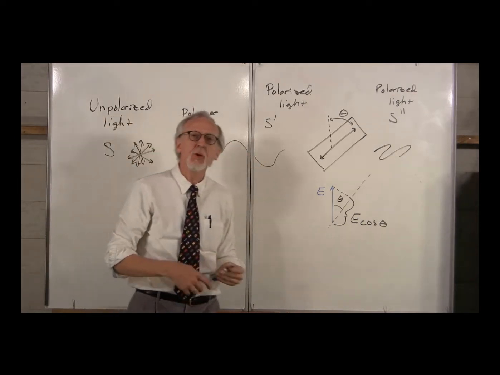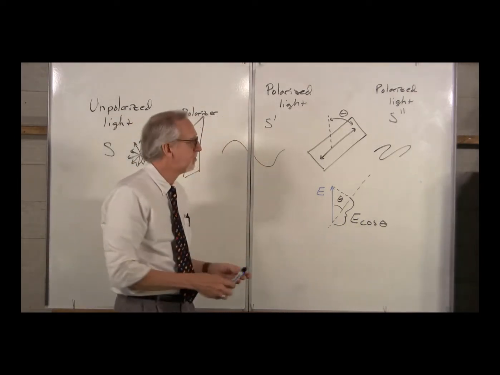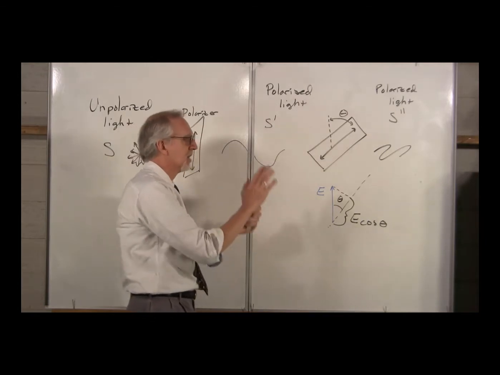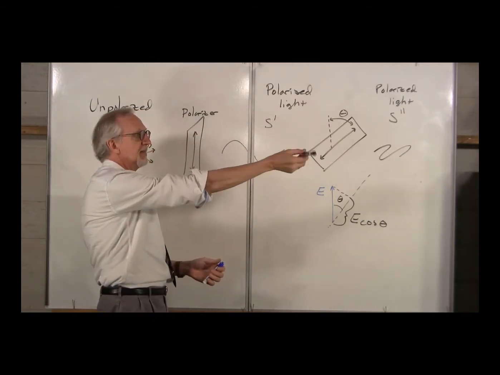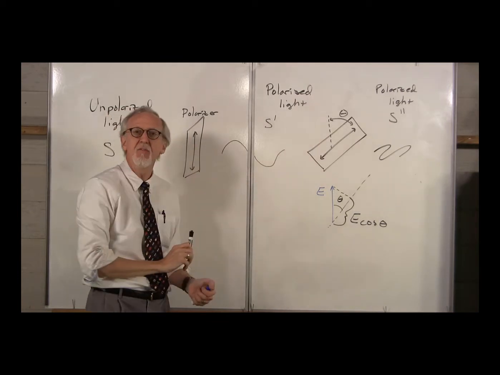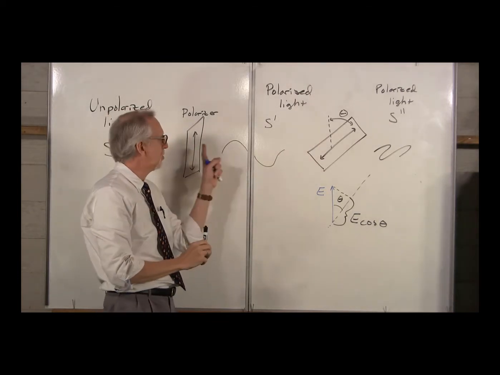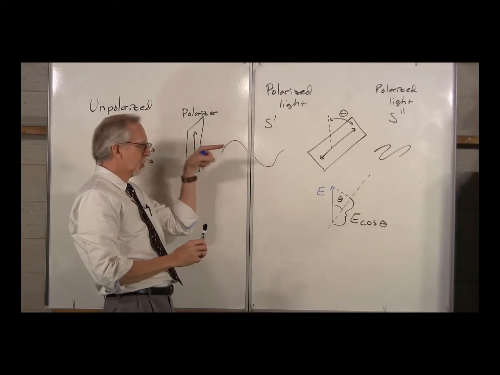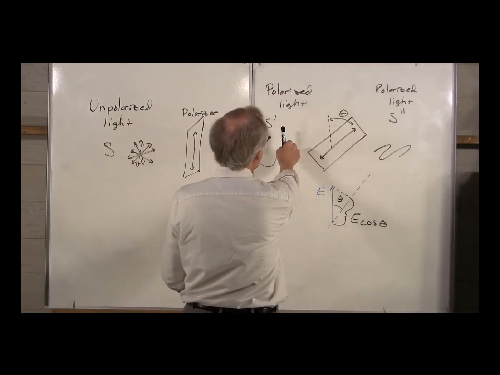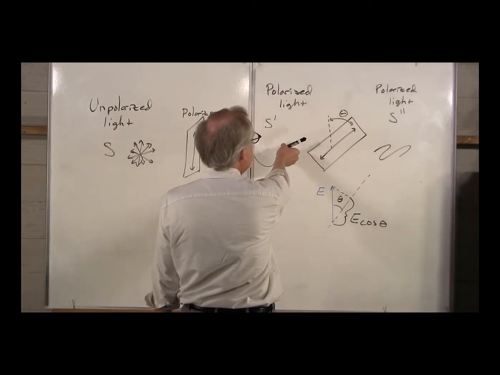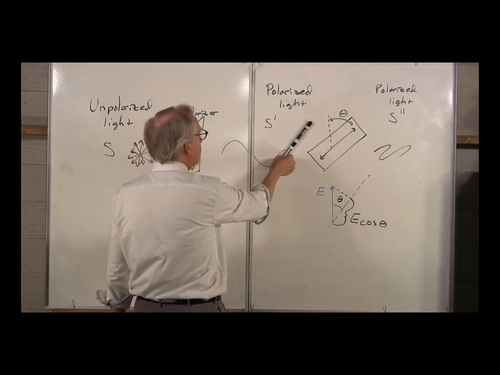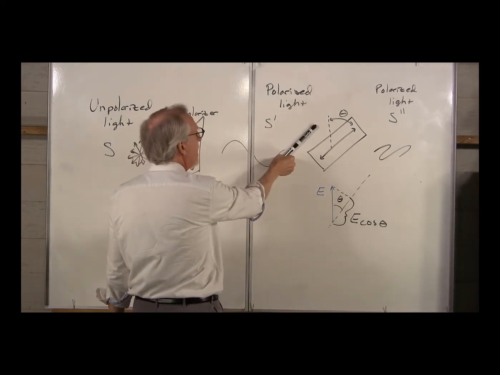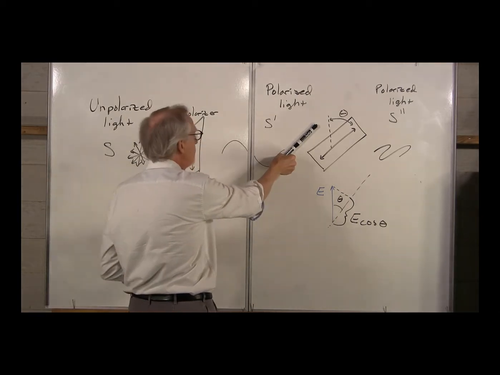Now let's imagine we have a second polarizer, which is tilted at an angle. Now really we'd be looking this way. The new polarizer is, let's say, tilted at an angle of theta relative to the first polarizer. So we're looking this way. Here's the initial polarization, and then the new polarization. The new polarization is tilted at an angle of theta relative to the first polarizer.